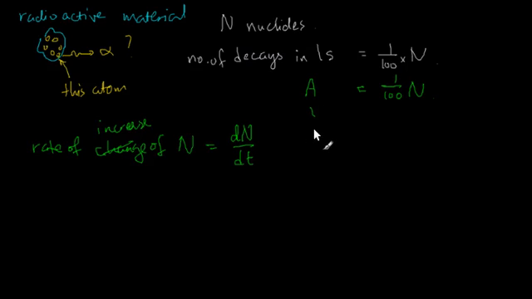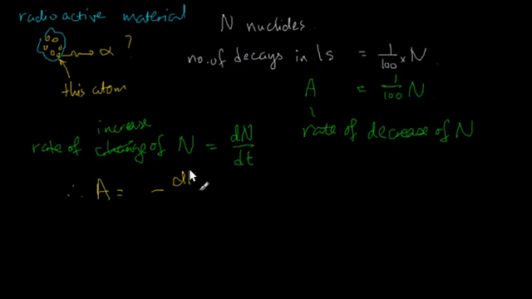So the activity here is the rate of decrease of n. Therefore A is actually equal to minus dn dt, because decrease and increase are opposite.